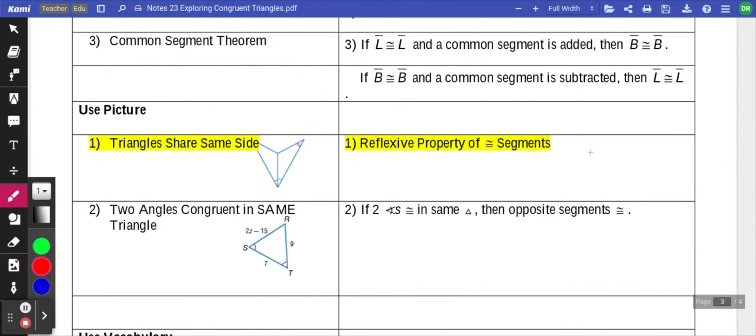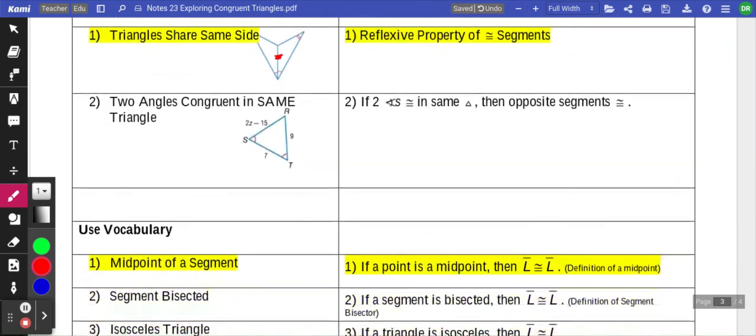Reflexive properties simply says something is congruent to itself. And so in this picture right here, we have two triangles that share a side. Well, this segment is a side for each of the triangles. So we can just mark that segment as congruent to itself, meaning that segment in both triangles is the same. So there might be a property we look for today.